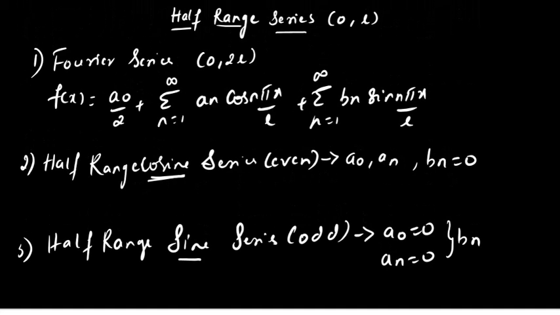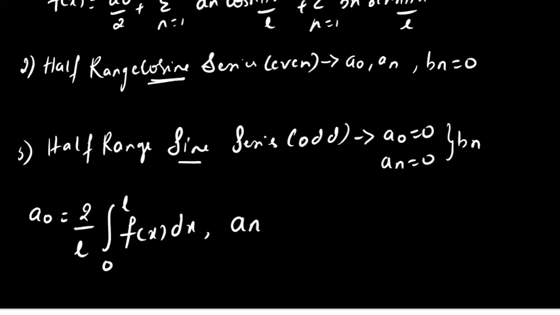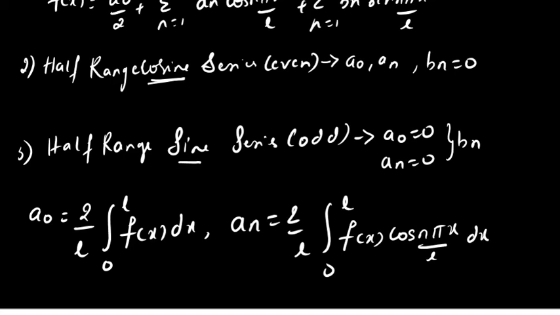So let's have a formula here for finding the value of a naught and an. For both I am just writing a naught is given by 2 by L integral, since it's in half range, 0 to L is the limit, f of x into dx, an again 2 by L integral 0 to L, whatever the length they have given, the complete length 0 to L we are supposed to take, f of x into cos n pi x by L into dx.